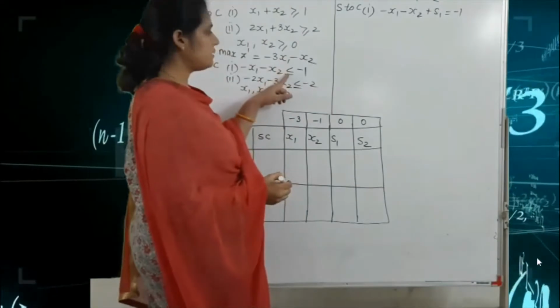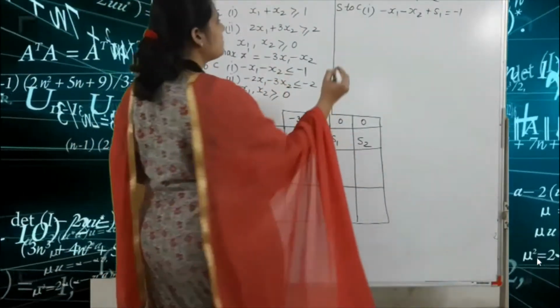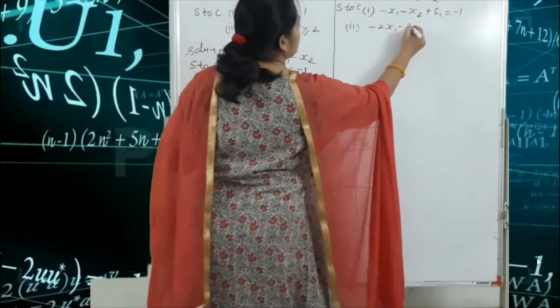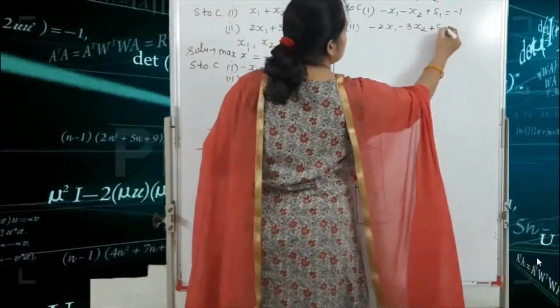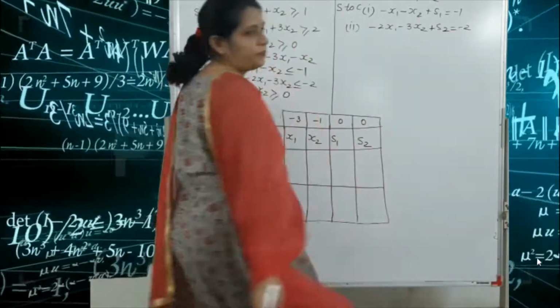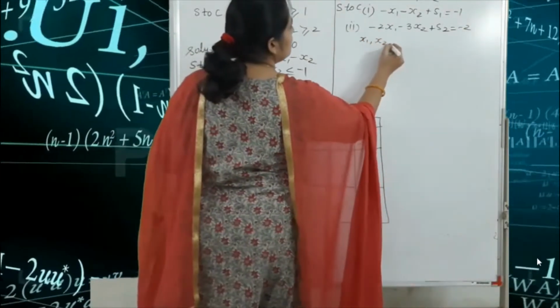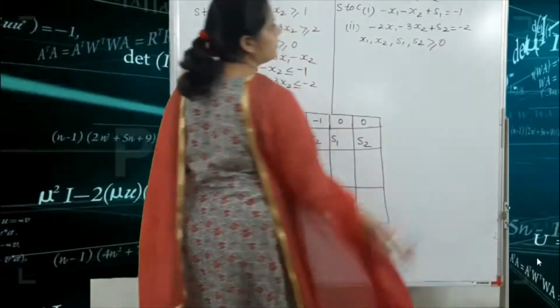Because of the less than equal to type, we add the slack variable. The second equation is minus 2x1 minus 3x2 plus s2 is equal to minus 2. Got it? And here x1, x2, s1, s2 greater than equal to 0.